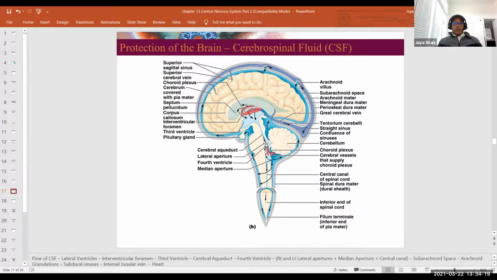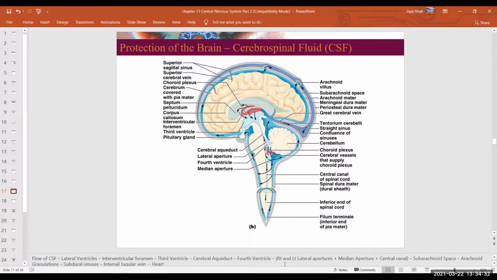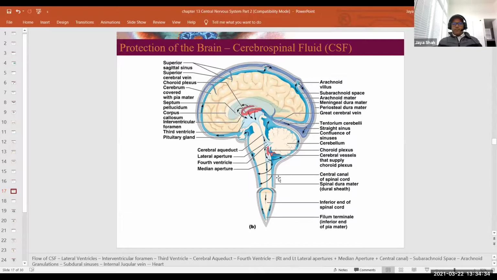From the fourth ventricle, where are we going? Right and left lateral apertures, plus the median aperture here, you see?